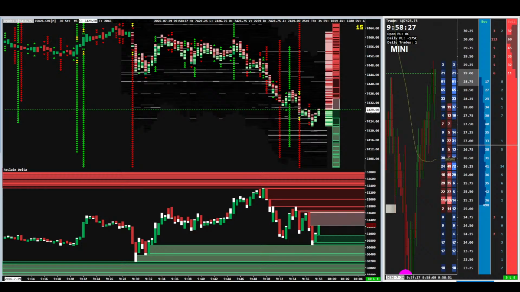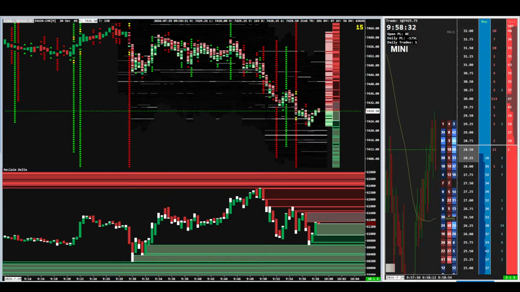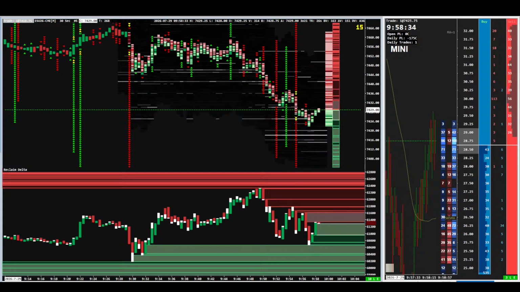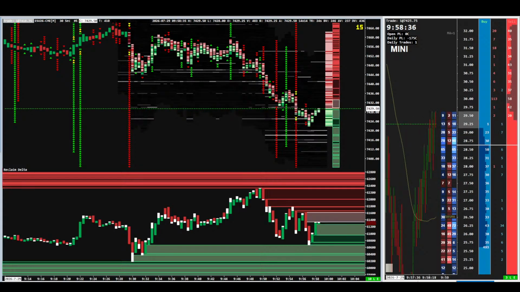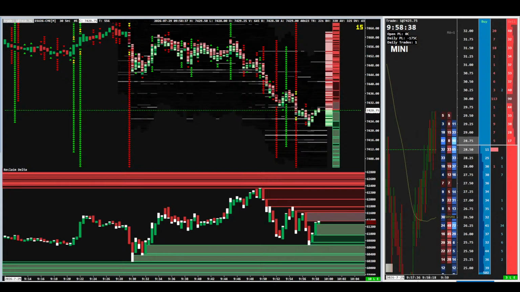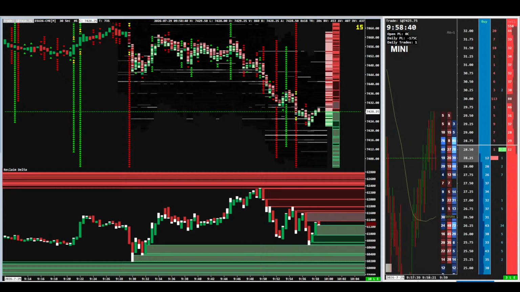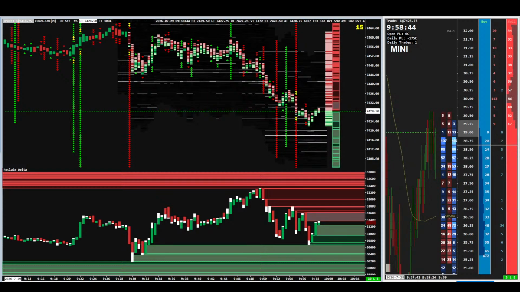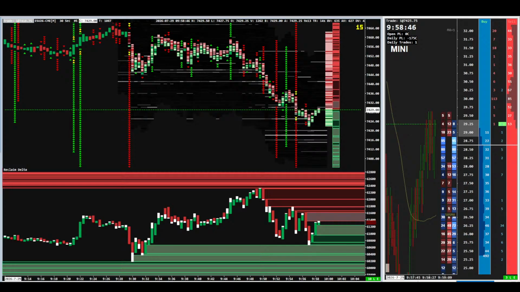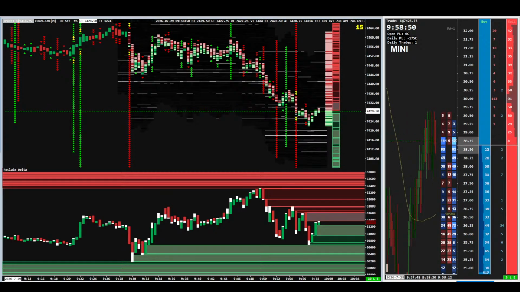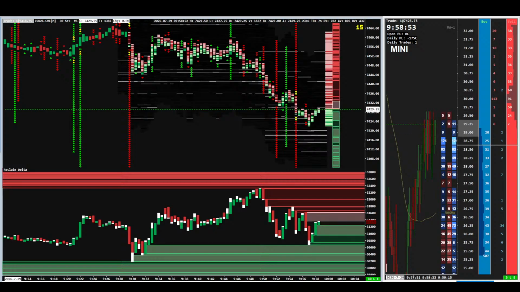The flow looks pretty healthy right now. I'm stocking like 27 for a long. Pullback. Selling pressure.